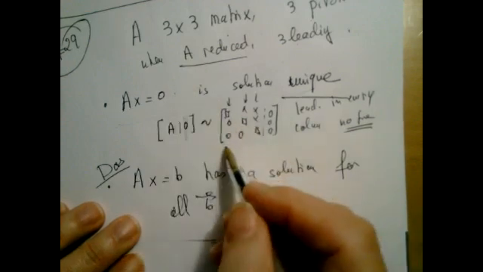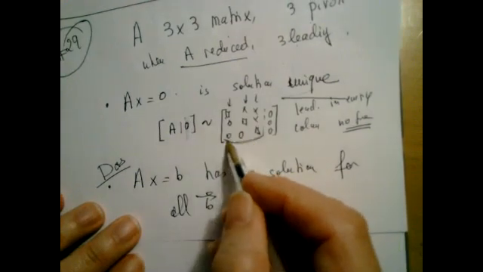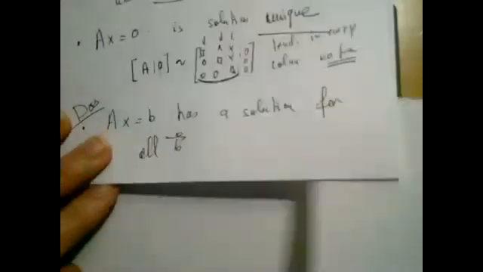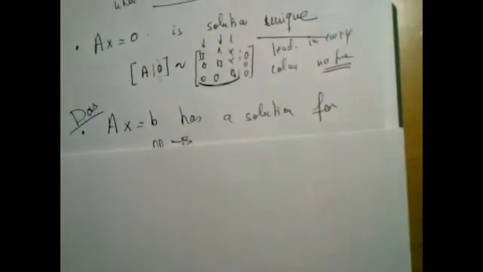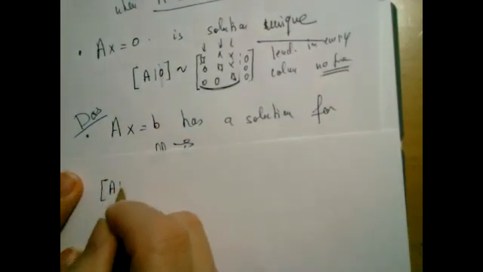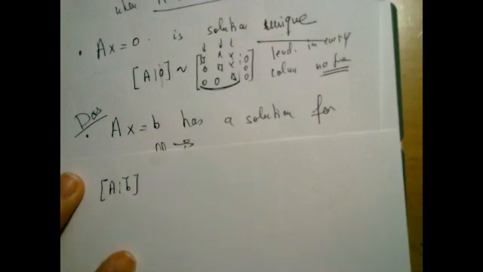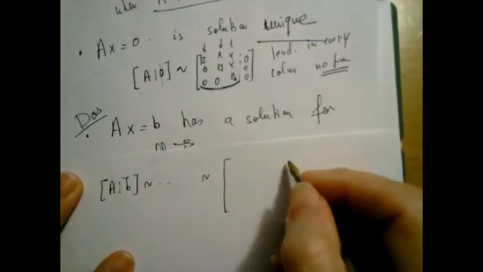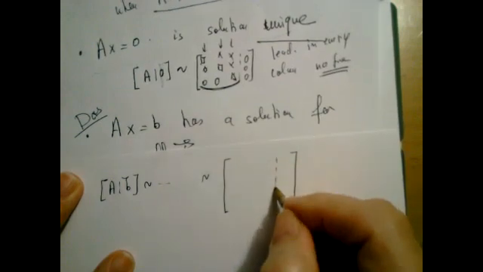Look at the echelon form U of A. Based on the first remark, that's why I started with the remark. If I take A and B and I reduce it, I should get the following.